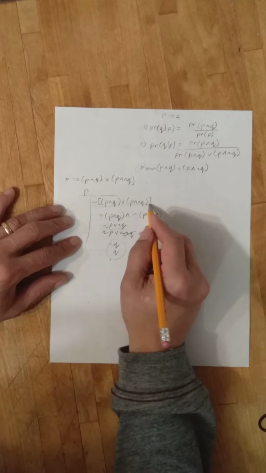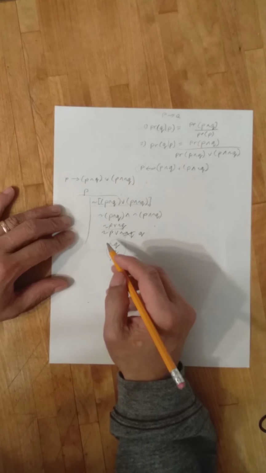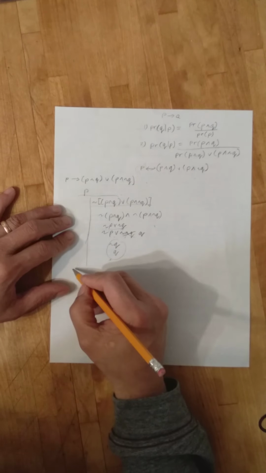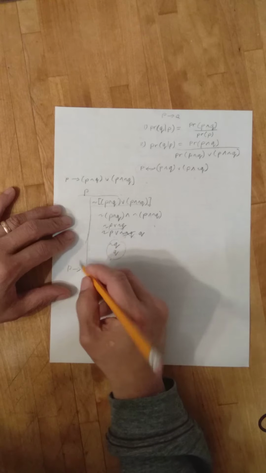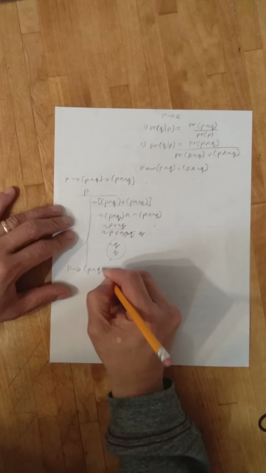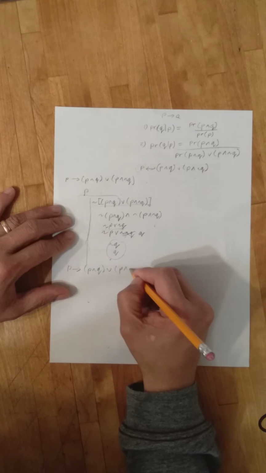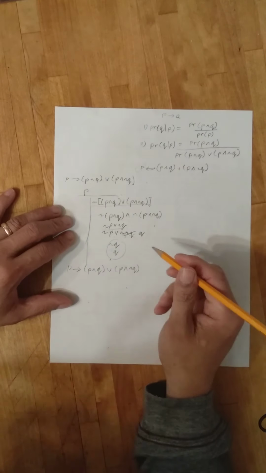So the opposite of this, which is this, holds. So I have just proven that P implies P and Q, or P and not Q. Okay, very nice.